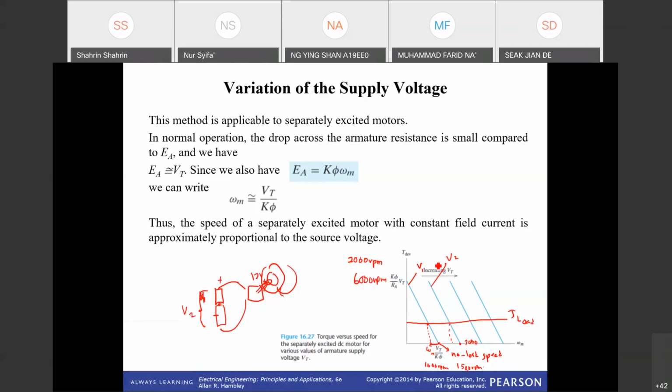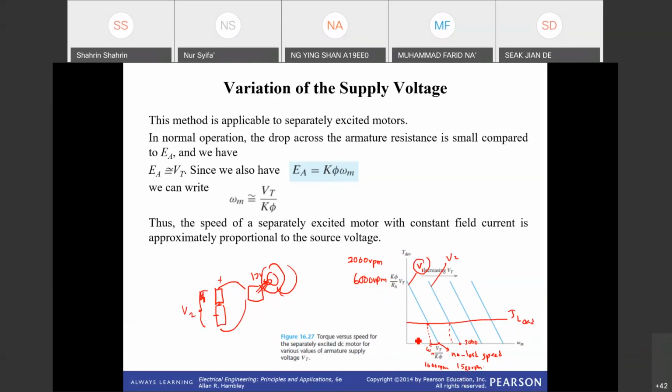So this is what happens when you use variation of the voltage supply. What happens is that you change the torque speed characteristic of the motor. If you use only a single voltage supply, the maximum rotation is maybe around 1500 RPM only, that is the no load speed. You cannot go further.